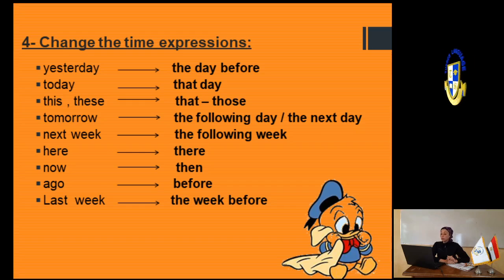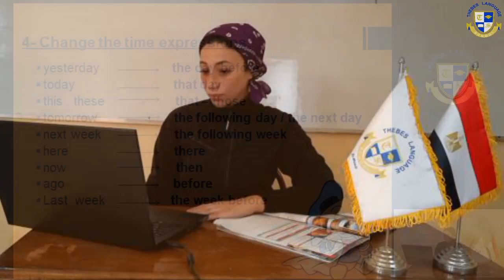Tomorrow, the following day or the next day. Next week, the following week. Next month, the following month. Next year, of course, it's going to be the following year. Here, there; now, then; ago, before; last week, the week before. They are very important to be studied. Please don't neglect studying them.